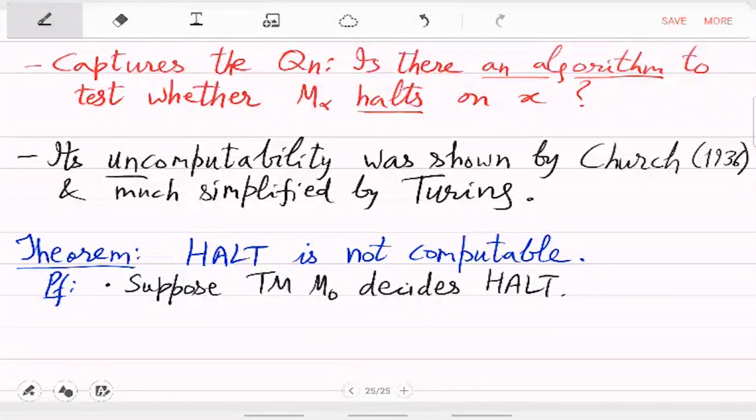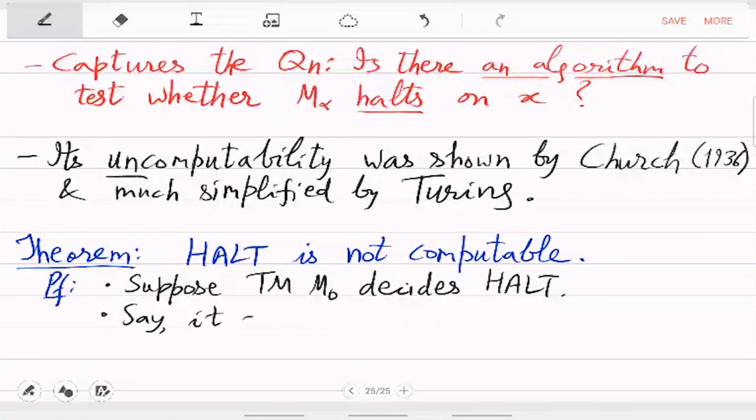Okay, so the proof will go by contradiction. Suppose it is computable, and then there is a Turing machine M0 which is deciding halt, which means after finitely many steps it can tell you whether M alpha halts on X or not.